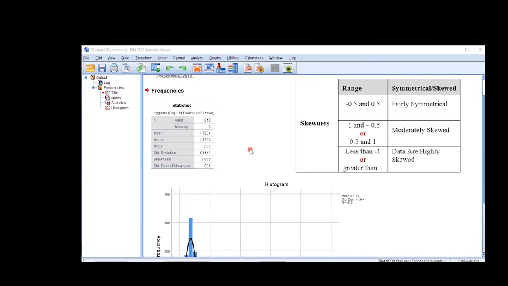If the skewness is between -0.5 and 0.5, the data are fairly symmetrical. Symmetrical means the data is fairly normal. Another rule is if the skewness is between -1 and -0.5 or between 0.5 and 1, the data are moderately symmetrical.